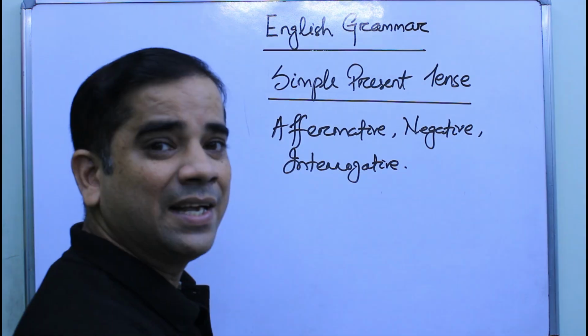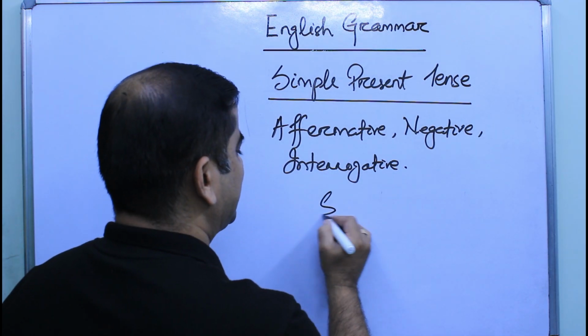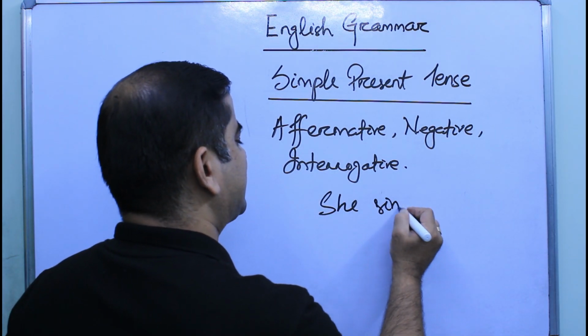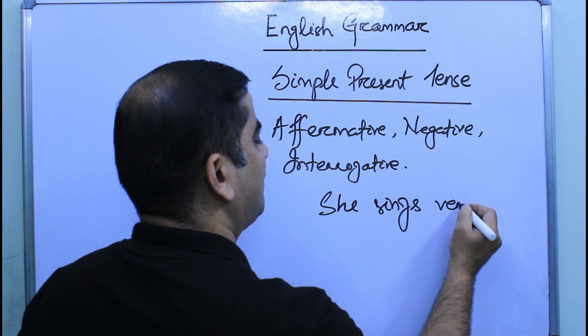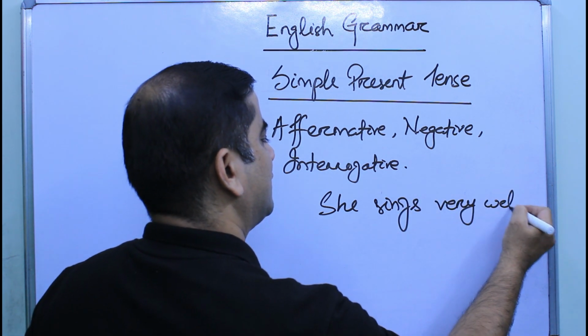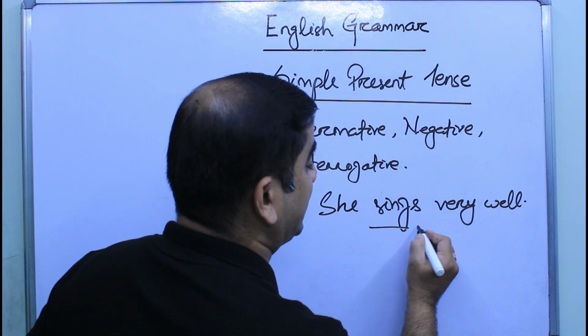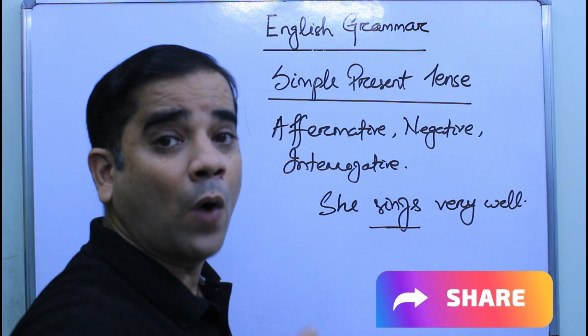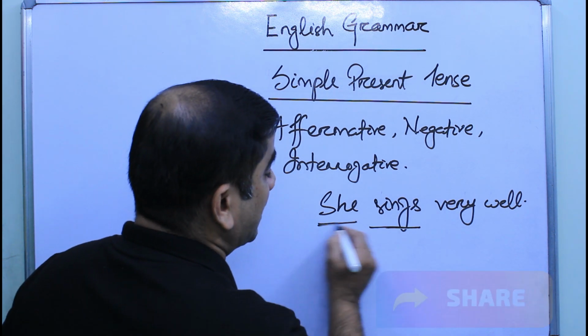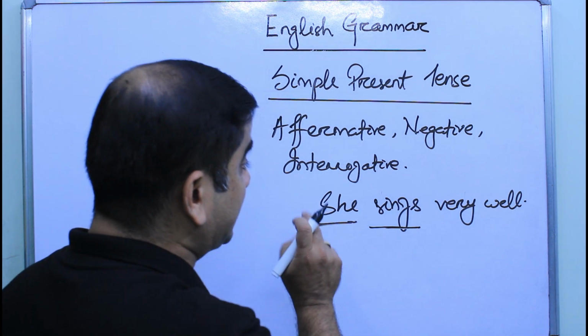Okay, let us discuss what happens in case of third person singular where we use the helping verb does. Okay, suppose there is a sentence, she sings very well. In this case the main verb is sing, but it is associated with s. Why? Because the subject is third person singular, that is she.